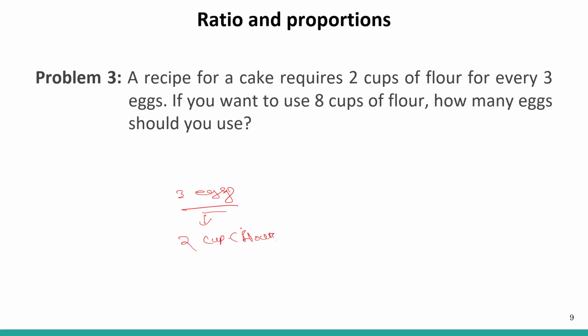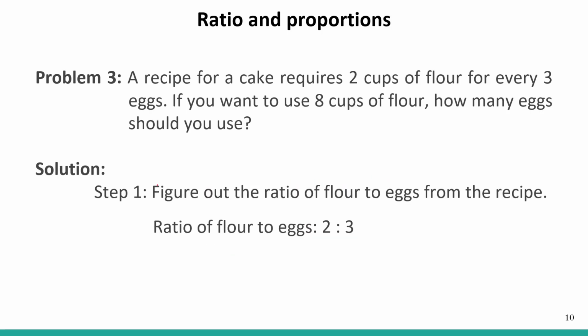If you want to use 8 cups of flour, how many eggs should you use? The number of cups increases from 2 to 8. Since 2 into 4 is equal to 8, 3 must also be multiplied with 4, which is equal to 12 eggs. So 12 eggs will be the correct answer.